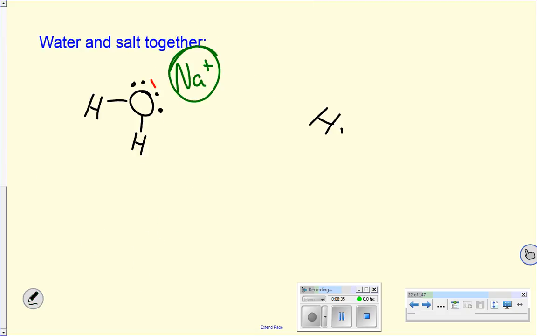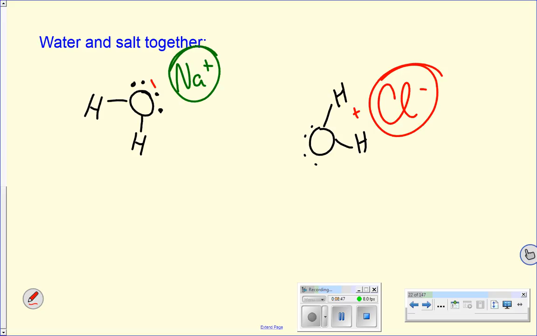If we faced our molecule the other way, and then we had chlorine float up, because chloride is negative, we would have an interaction with that positive charge on that hydrogen right there. So interactions are what allow something to dissolve in something else. When we have charges, they're able to interact. Nonpolar molecules actually interact in a slightly different way, but because none of them have charges, they're able to interact with one another.